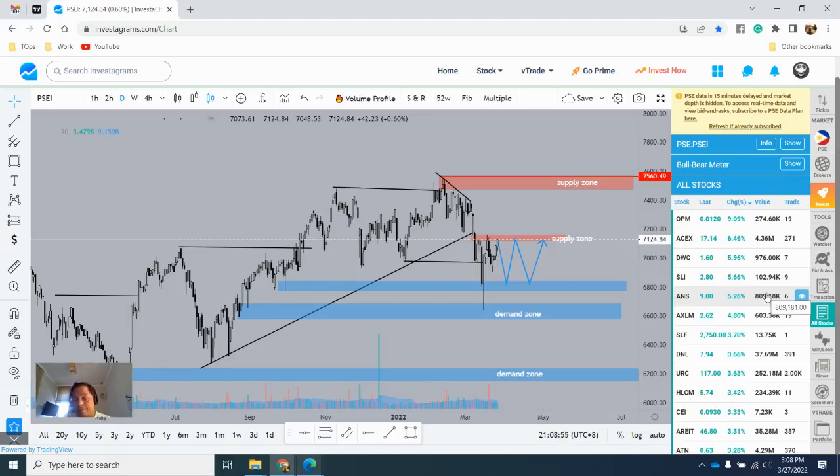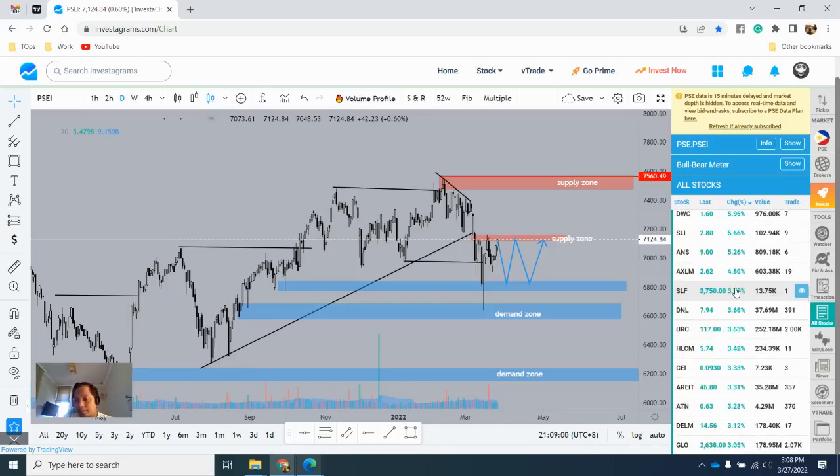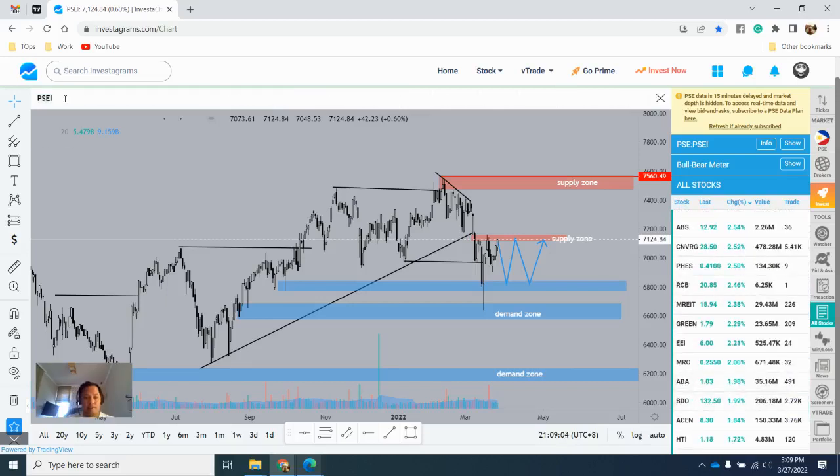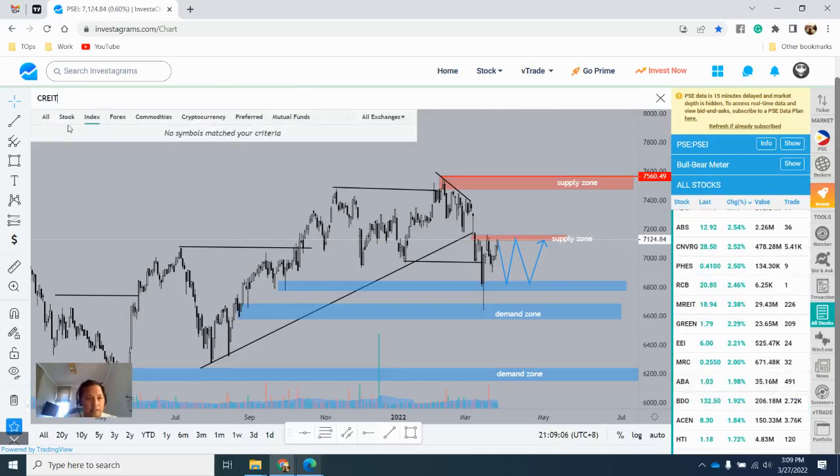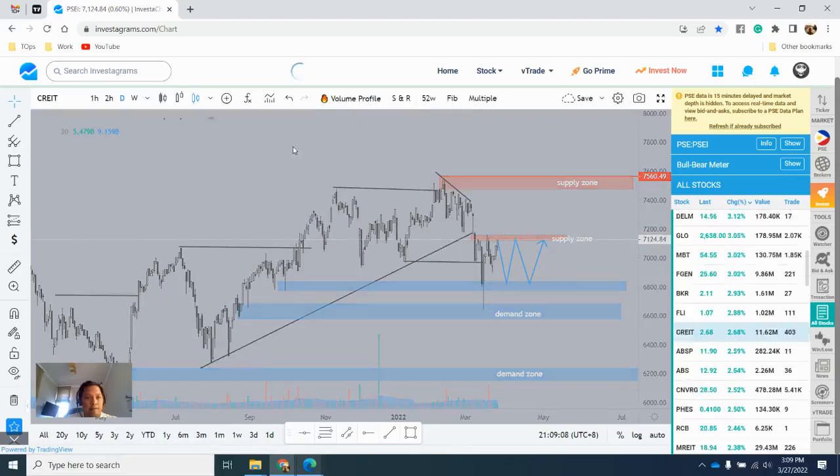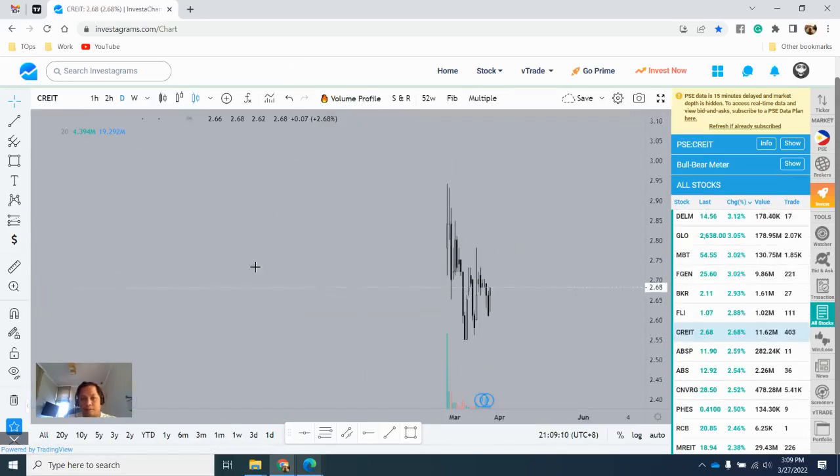And last week, one of my best recommendations, the first one, is CREIT. It's a newly listed stock in the Philippine market focusing on the energy sector.